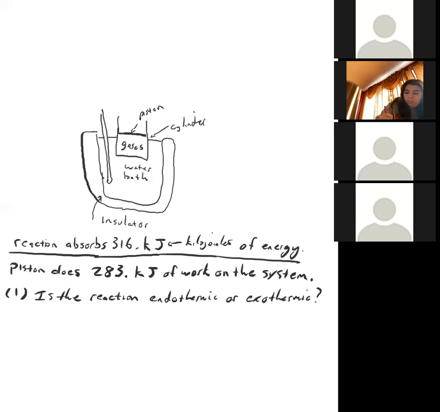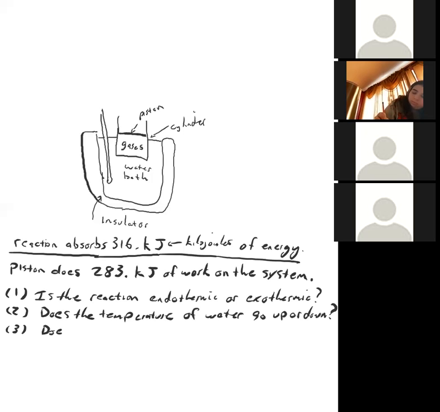Is it endothermic or exothermic? 2, does the temperature of the water go up or down? The third one, does the piston move up or down?